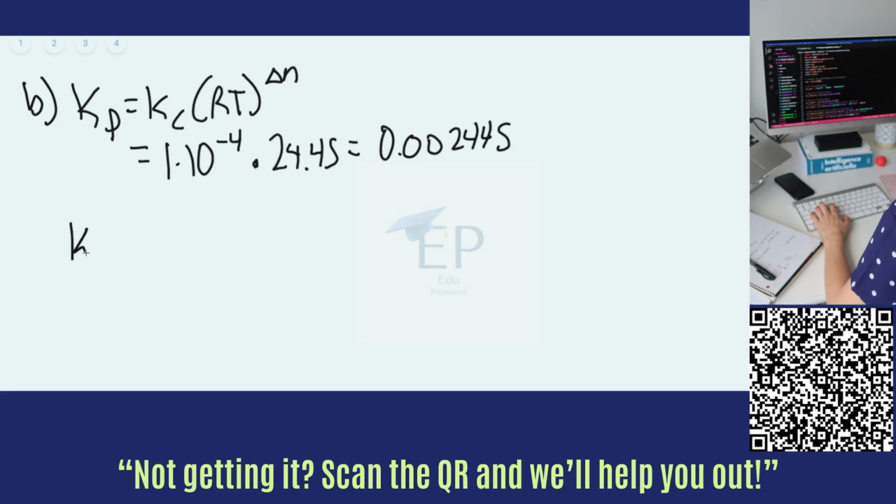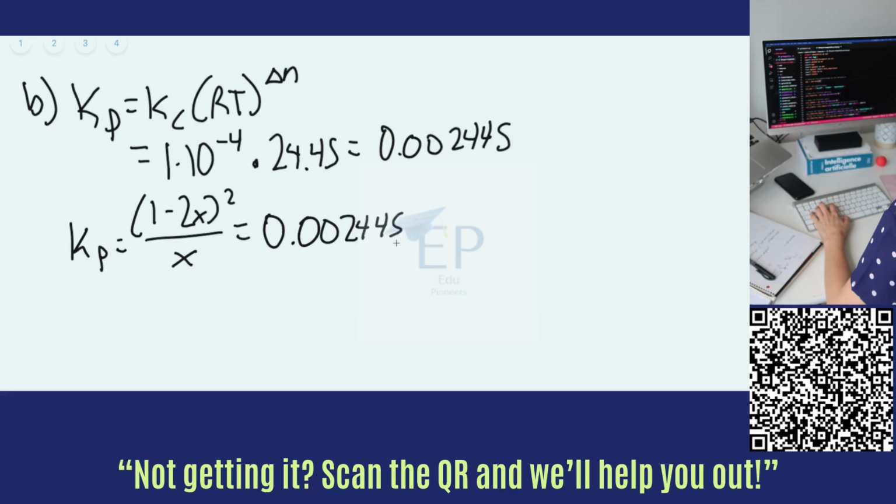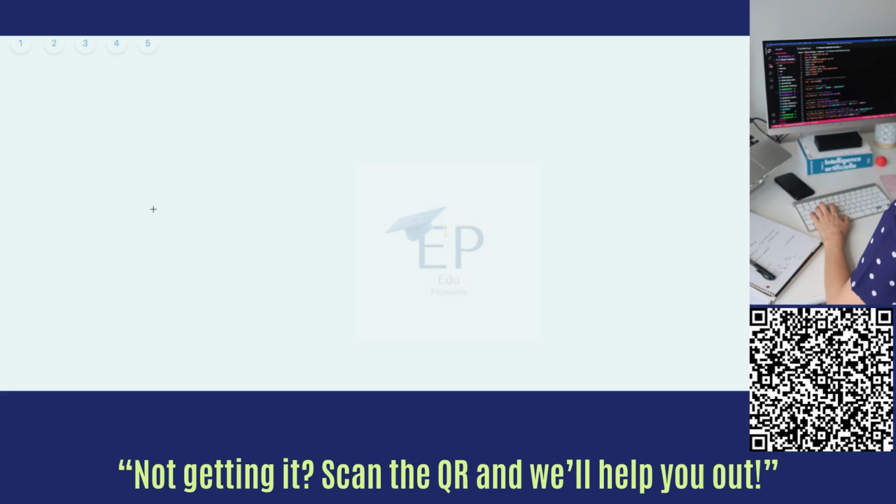And so now we can do the same thing with the Kp. Kp still equals (1 minus 2x) squared over x, but this time that whole thing equals 0.002445. And so again, now we want to rearrange this to a quadratic, and I'll go to a new page for this.